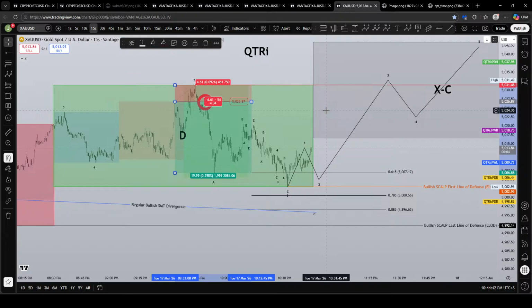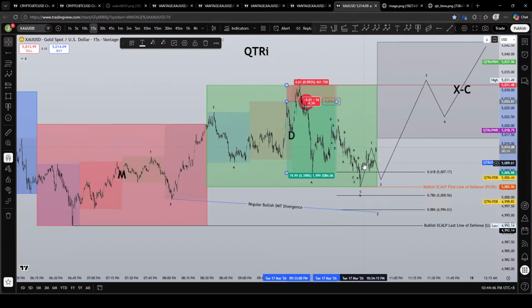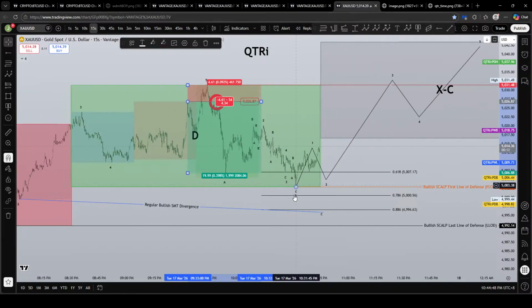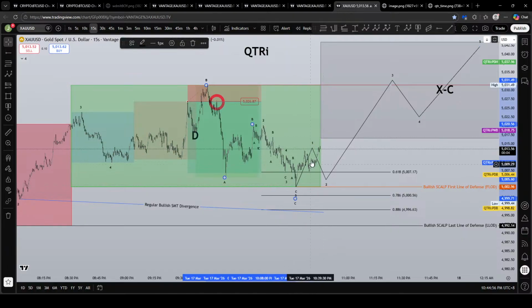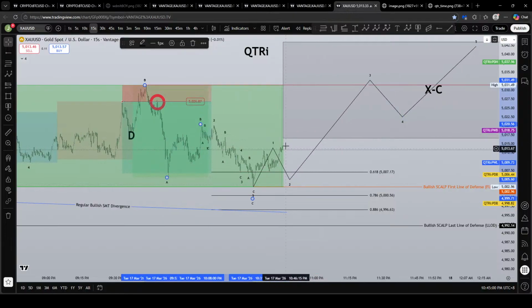And as I have mentioned a while ago, the probability of the wave C already being completed is high, because as you can see here, it created another high, a new high.